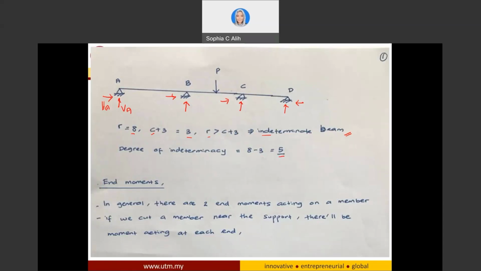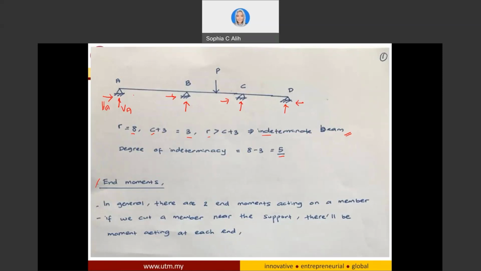For the slope deflection method, the first thing that you need to understand is about the end moments. In general, there are two end moments acting on a member. If I cut a member near the support, there will be a moment acting at each end.